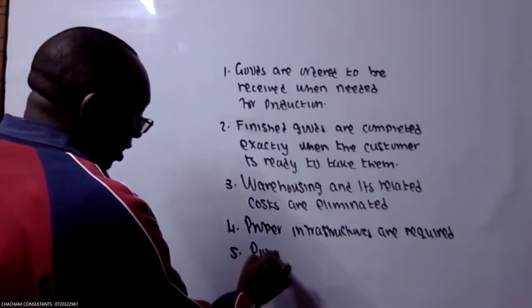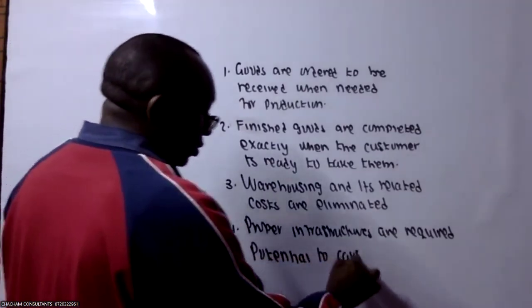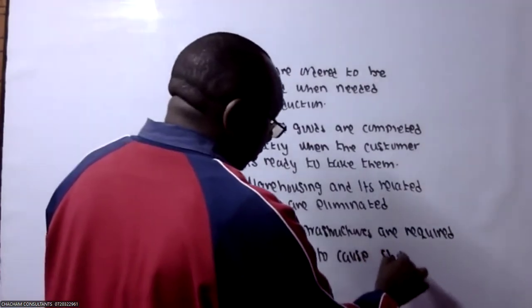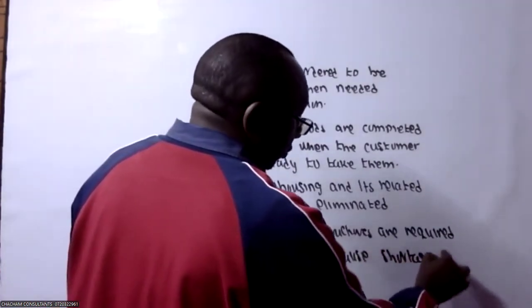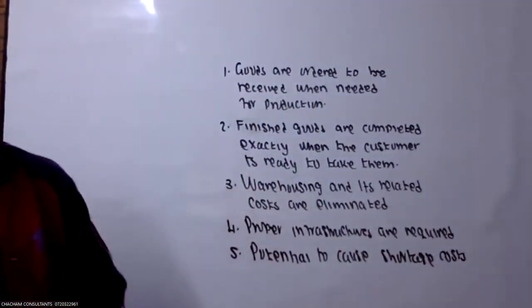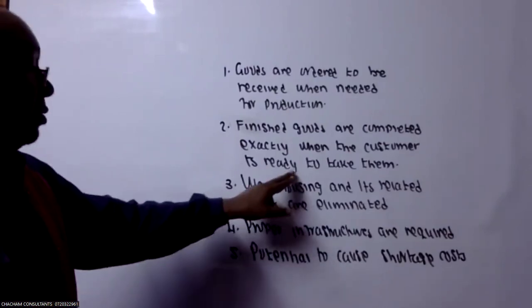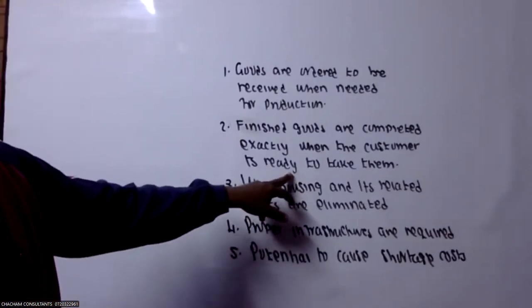Something else is the potential to cause delay or to cause shortage costs. There's potential that there can be shortage costs because, if we say the customer was told to come at 10, we will have finished.